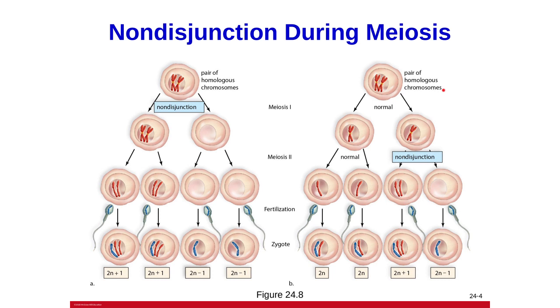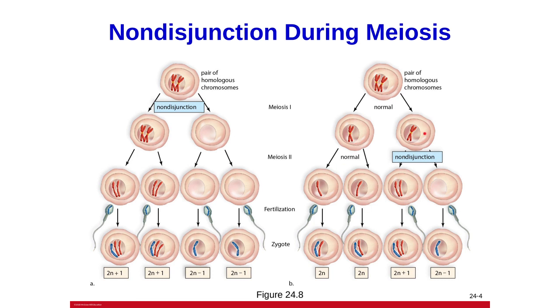Okay, now let's take a look at what happens if non-disjunction occurs a little bit later, in meiosis 2. We have this mother cell, it divides into 2 daughter cells, and everything goes normally. The homologous chromosomes separate. Now in meiosis 2, the sister chromatids should separate, and that has happened normally here.